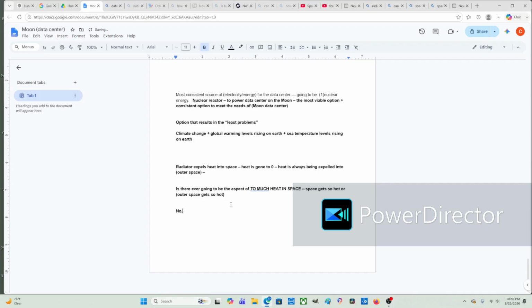It says no, outer space will not become too hot even if there are tremendous amounts of heat being expelled into outer space.